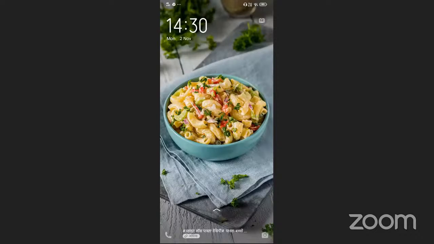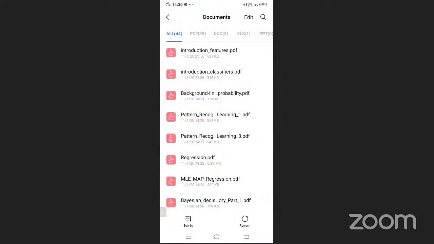Okay. So now I'm going to cover regression. In regression, I'm going to explain first what regression is, what overfitting in regression is, how to address overfitting, and then how to compute the parameters of the regression function.